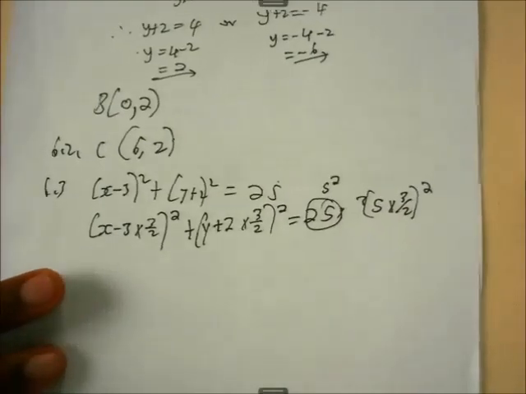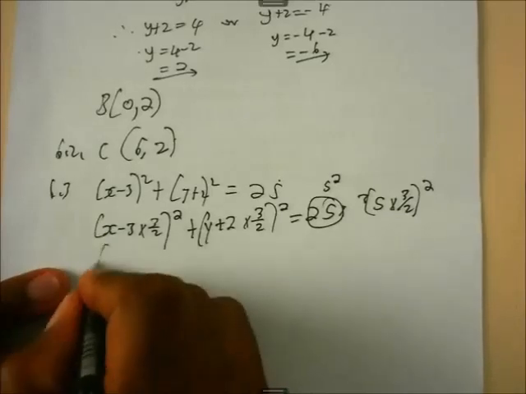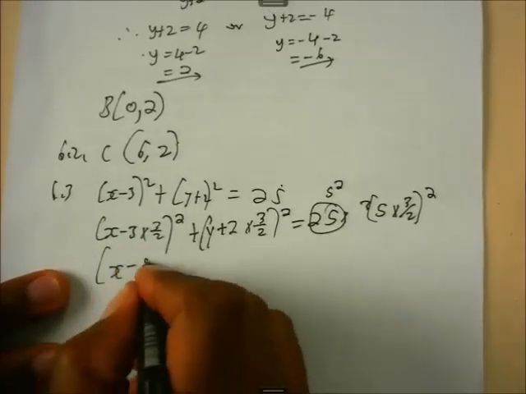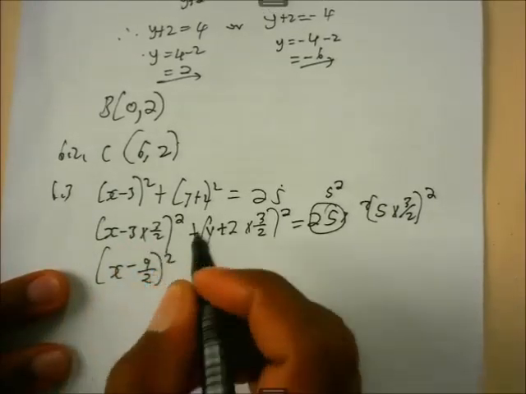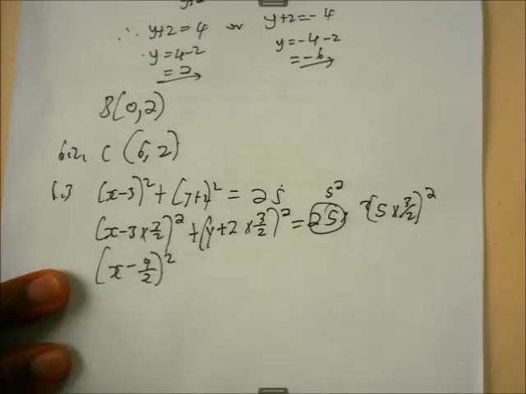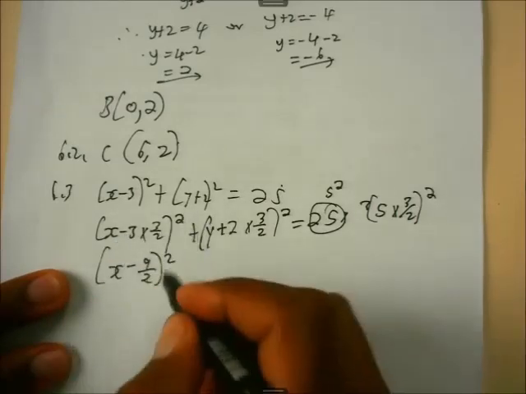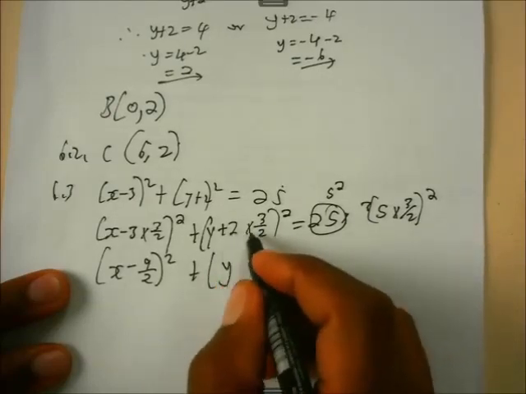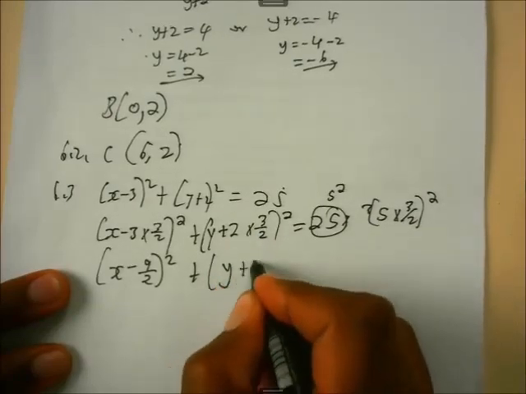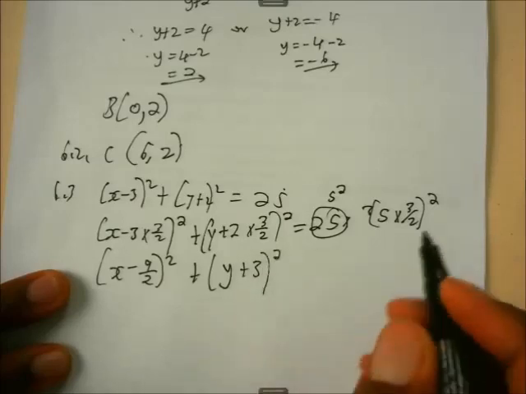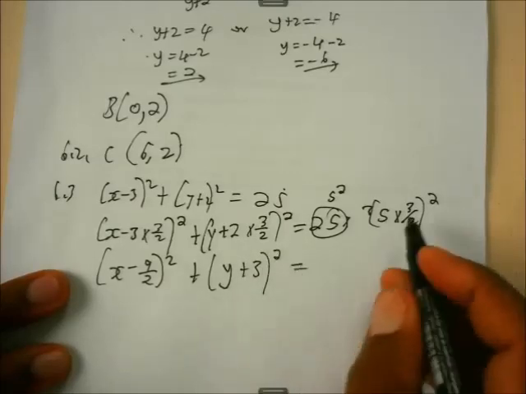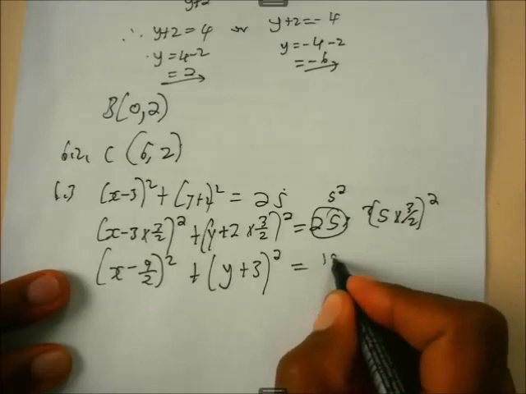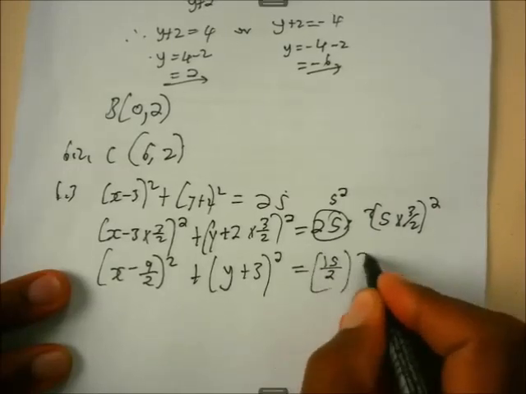Then we square it. From here we are going to have x minus 9 over 2 all squared, because negative 3 times 3 over 2 is negative 9 over 2. Plus y, and 2 multiplied by 3 over 2 gives plus 3, squared, equals 5 times 3, that is 15 divided by 2, all squared.